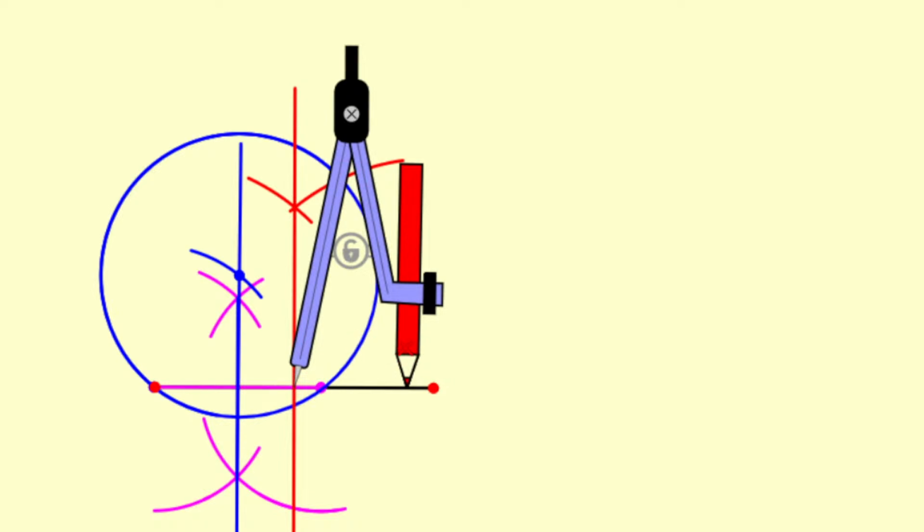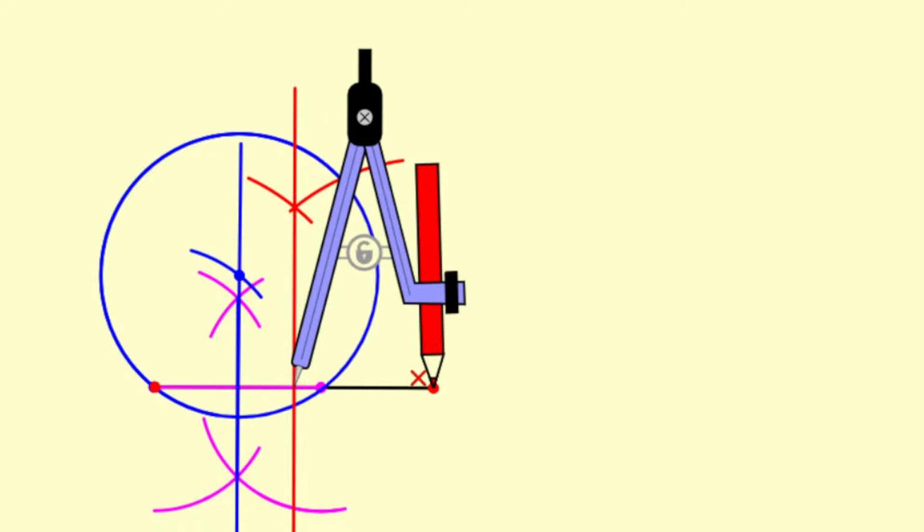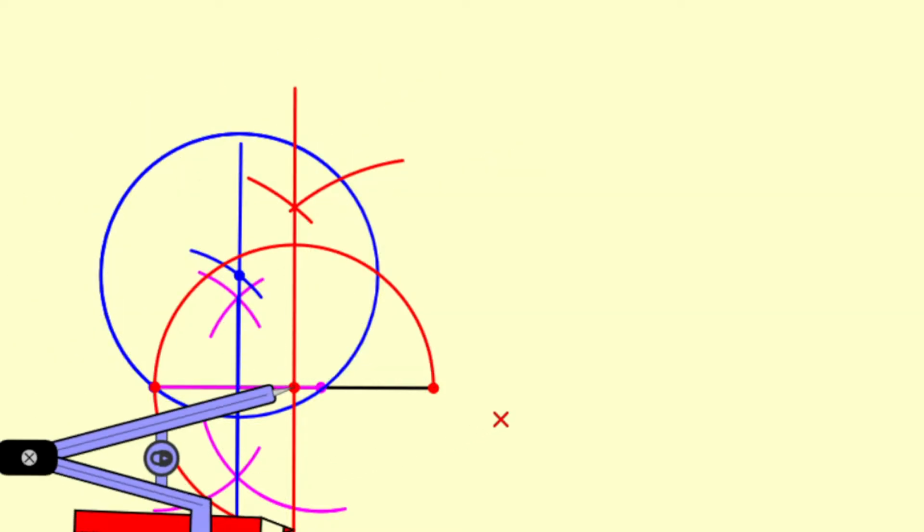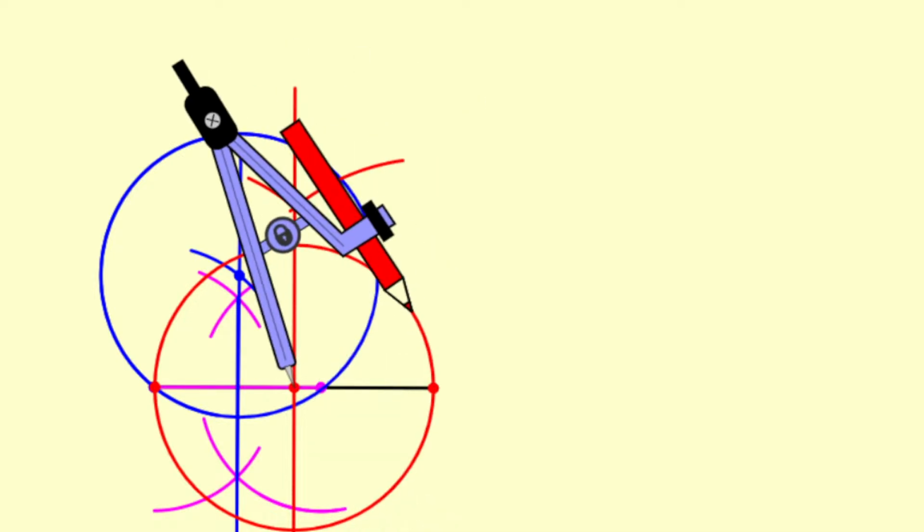You have to open your compass till point B or A. One end of the compass should be at the perpendicular bisector of AB, and the other end should be at either A or B. With this radius you have to draw the circle. The circle will pass through points A and B. So this is the red colored circle, passing through point A and point B.